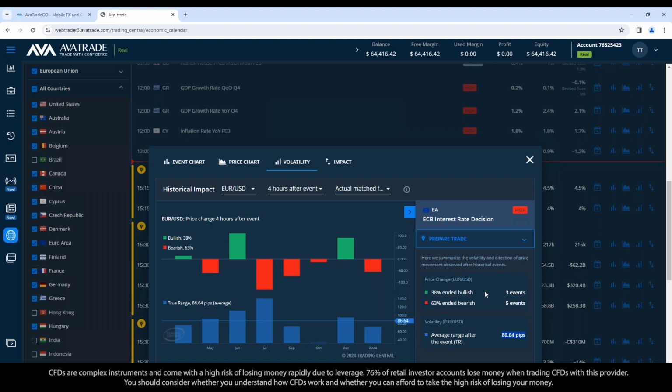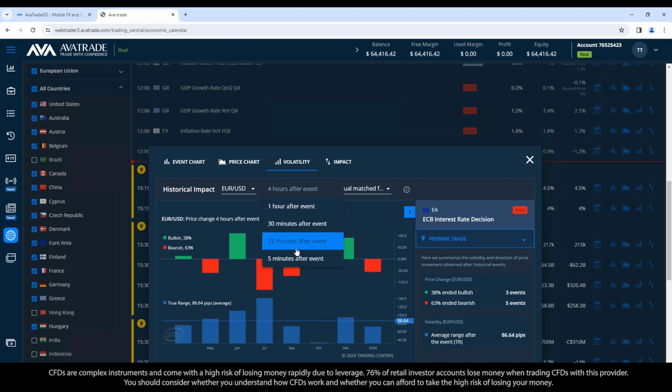It's not the same as being able to check above forecast or below forecast, but it is data, and you can see the type of range movement you might expect in the 4 hours following the event, and the directionality. If it comes in as expected, 2/3 of the time you'd have been a winner if you were selling, okay? And after 4 hours, we're talking over 86 pip movement.